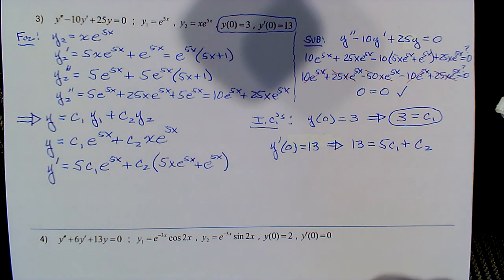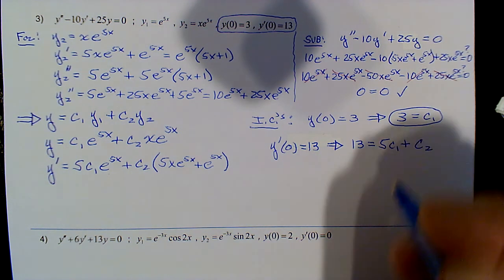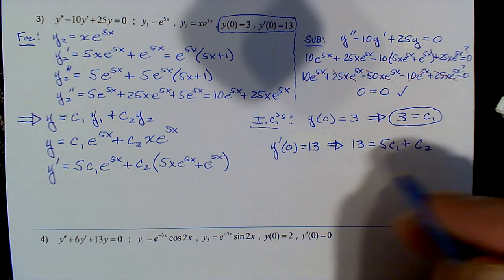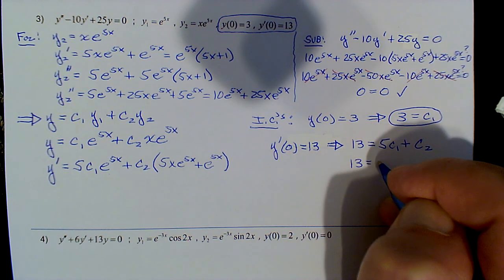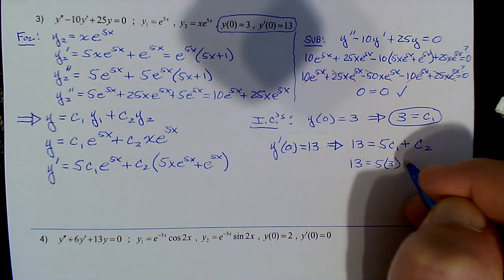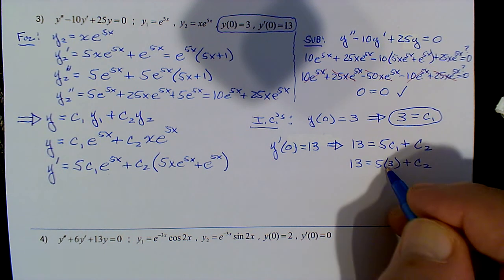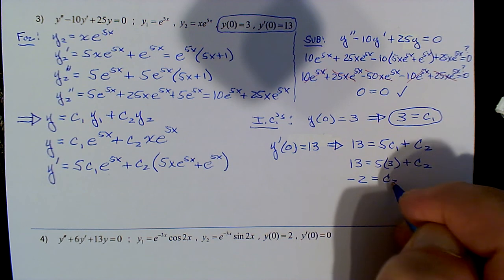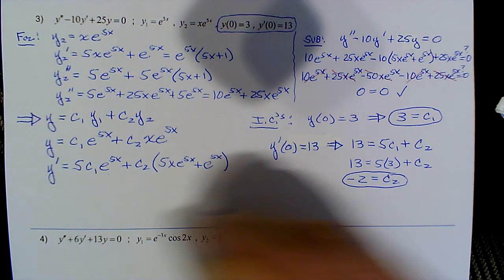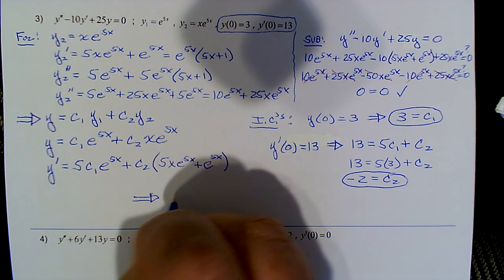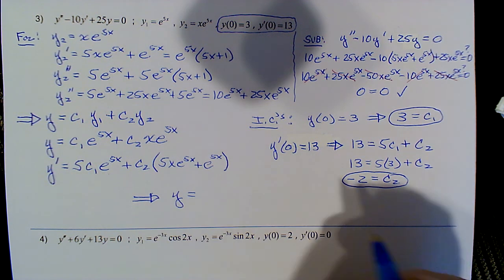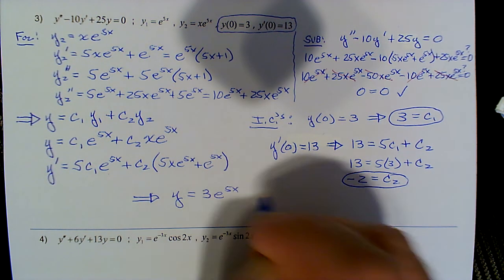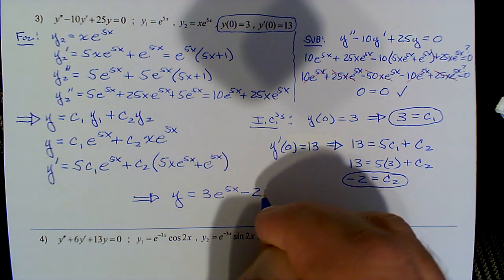And so there's an equation with two unknowns, but we already know c1, so 13 equals 5 times c1, which is 3, plus c2. That's 15, subtract it, we get negative 2 is c2. So then our particular solution is y equals c1, which is 3, e to the 5x, plus c2, which is negative 2, x e to the 5x.